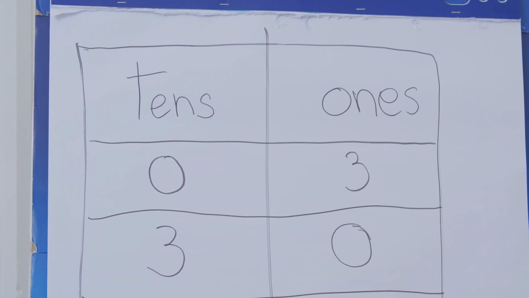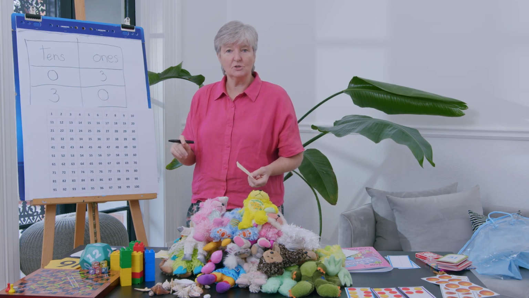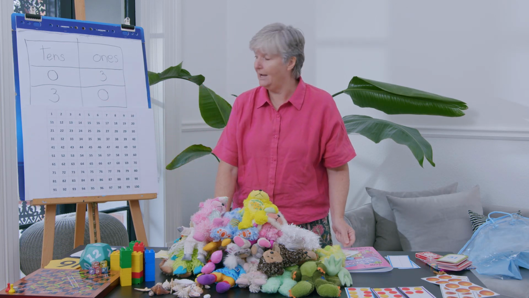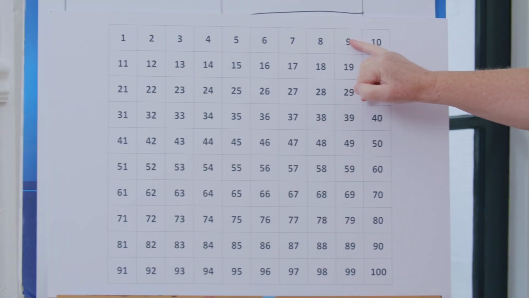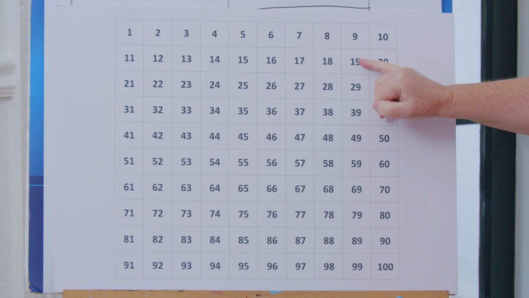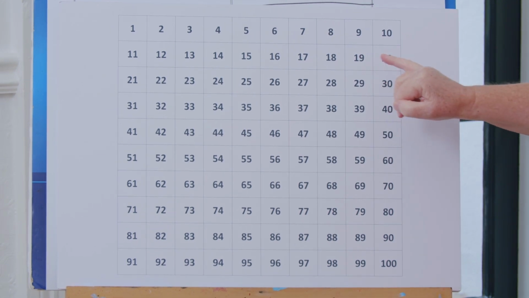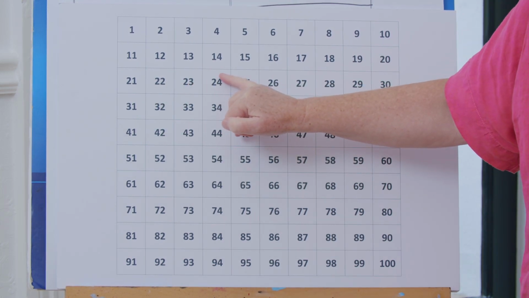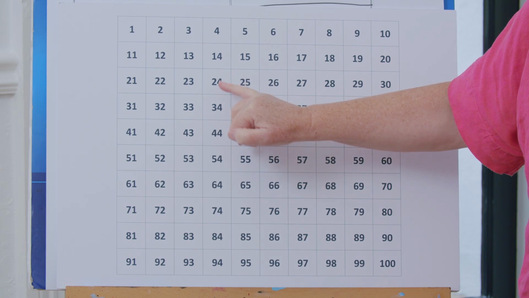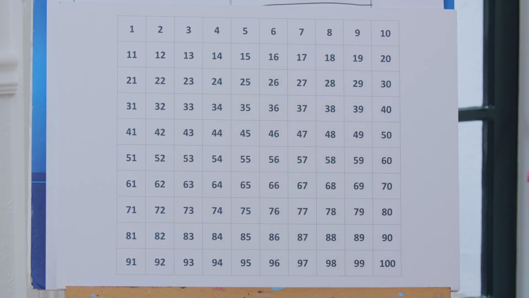If I look at my 100 chart, where will I find 24? Do you remember that these are all the 1s and the 10s start here, and here's the start of the 20. I need 4 more, so 21, 22, 23, 24. There's 24. 24 is 2 10s and 4 1s. Well done.